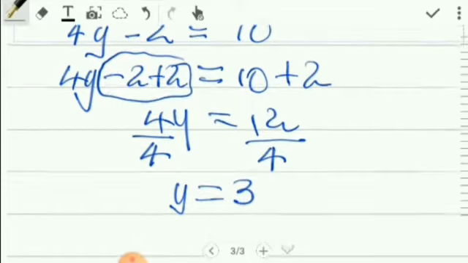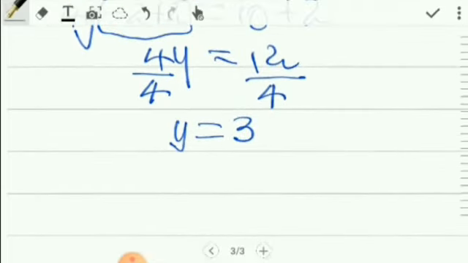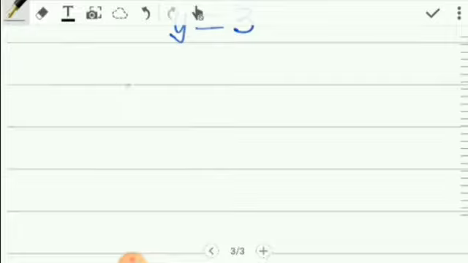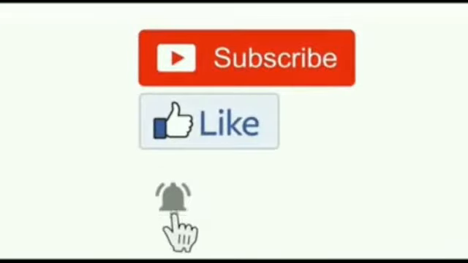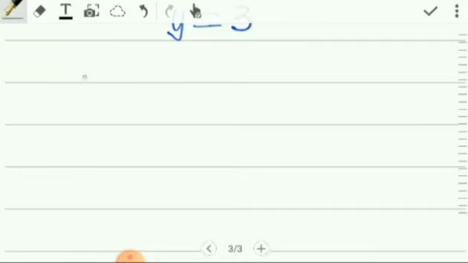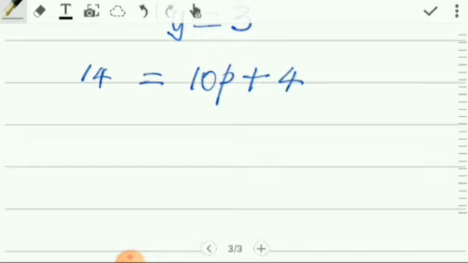All right, let's look at another question. Let's say we're looking at 14 is equal to 10p plus 4. Now, what we want to do here is to get rid of this 4.